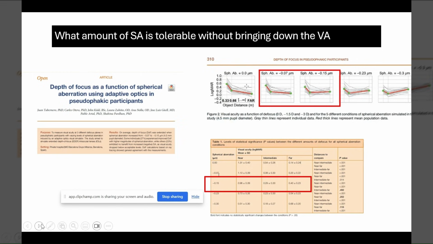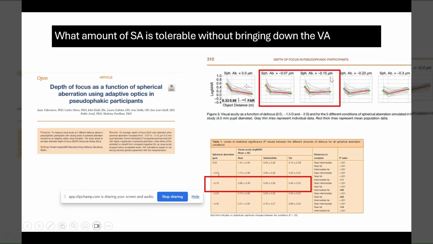Now the question is, how much spherical aberration is tolerable for patients? Juen, Tumber, and Moore did a study in which they tried to answer this question, and they found that the human eye can tolerate a spherical aberration of around 0.07 micron to minus 0.15 micron.